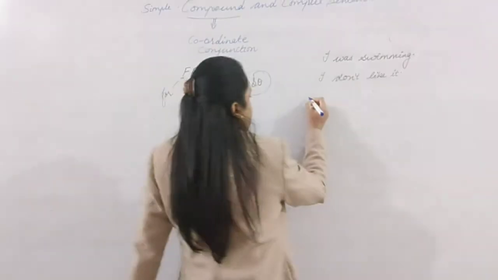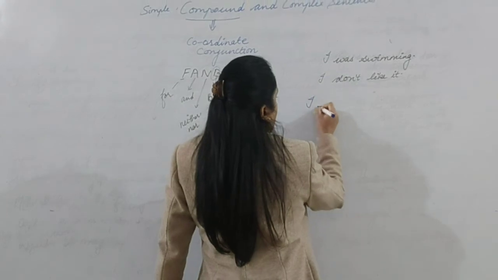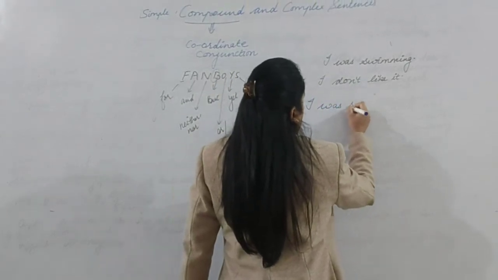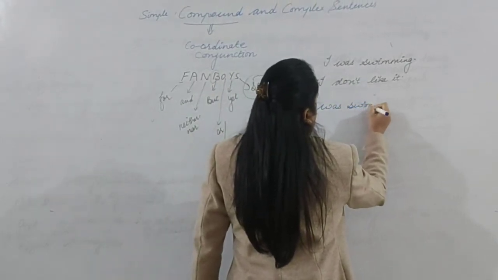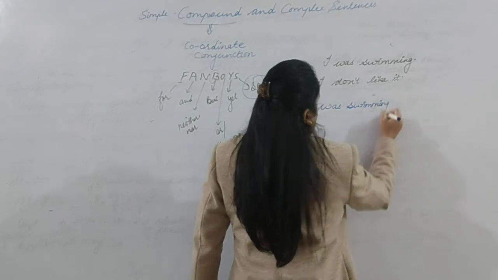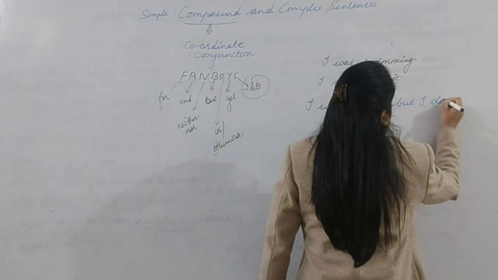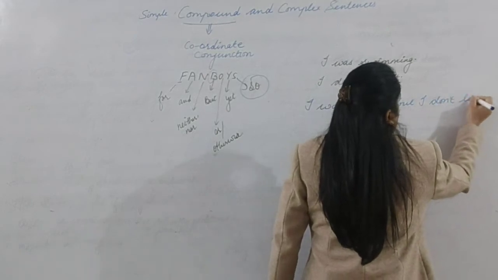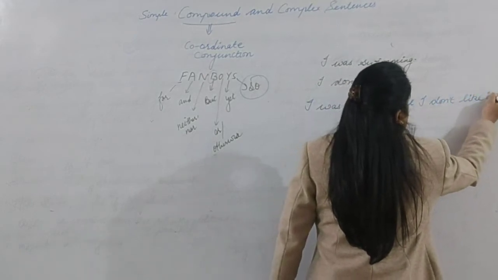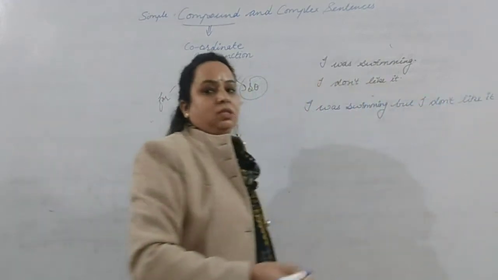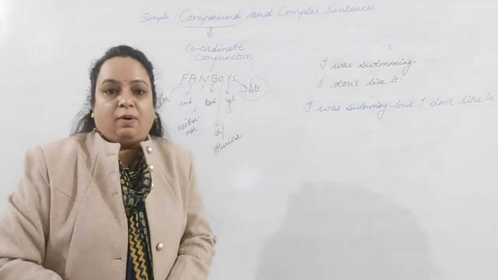So what is the new sentence which we will frame with the help of these simple sentences? It is I was swimming, but I don't like it. So this is a new sentence, and what is the type of this sentence?